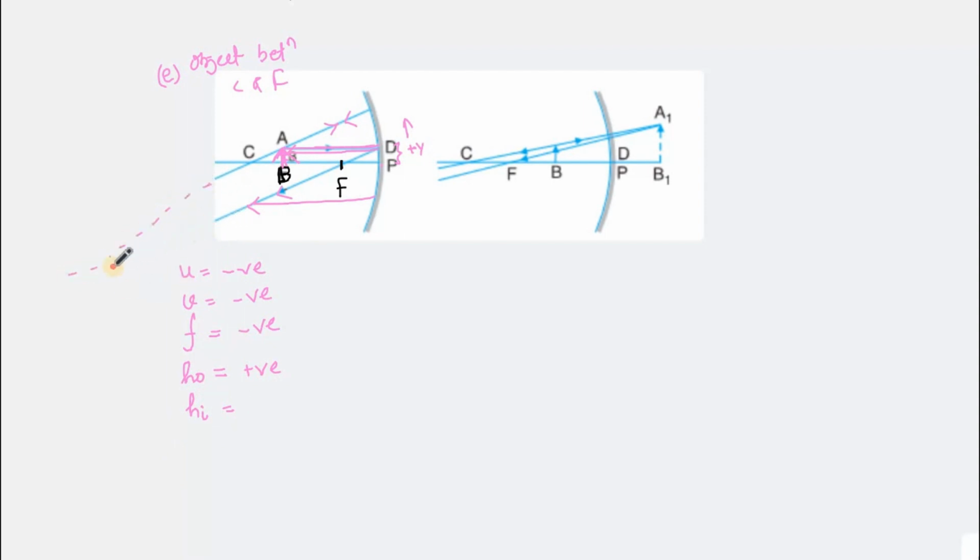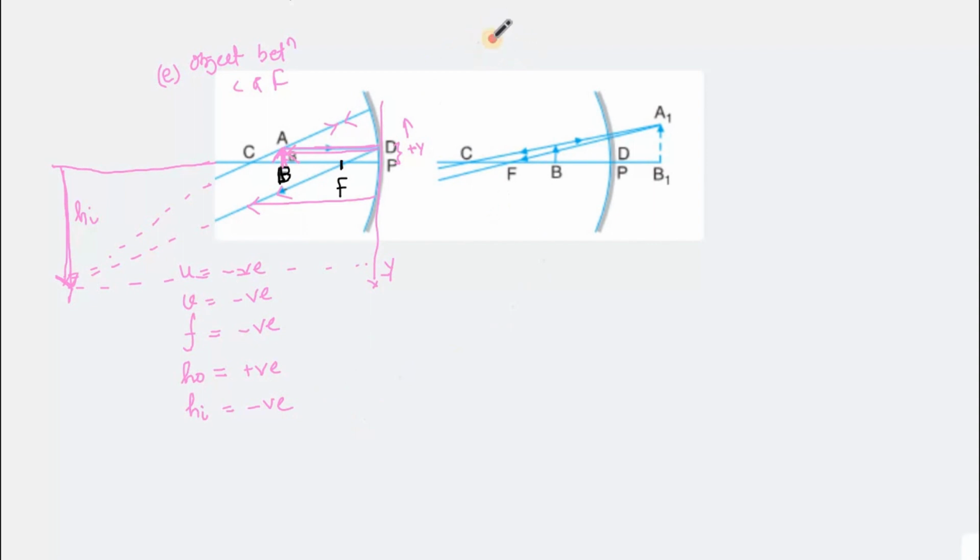So wherever these rays meet, let's assume that these rays meet over here. Now the image which will be formed will be like this, right? So this will be the height of the image, and it's an inverted one, so the measurement of this length would be along the negative y-axis, right? We'll have to go in the direction of the negative y-axis to measure its length. So height of the image is a negative quantity.